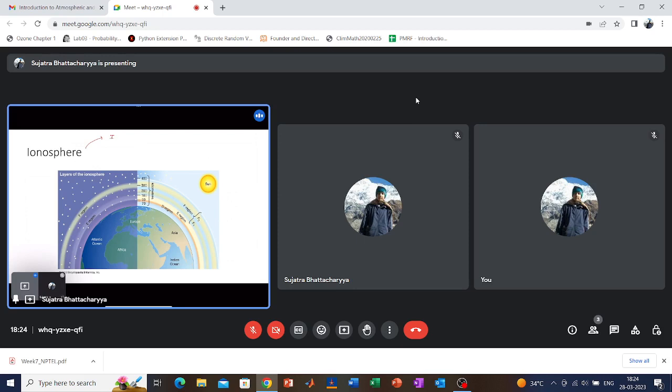It is the region of the Earth's atmosphere where electrons and ions are present in large numbers.